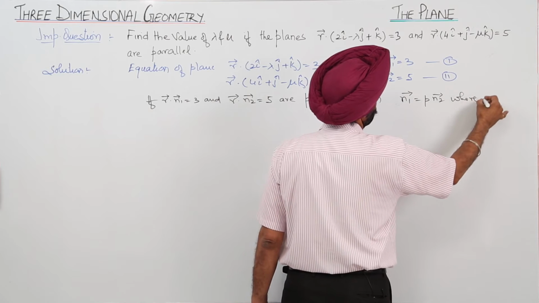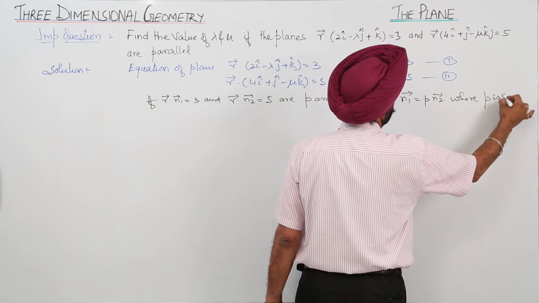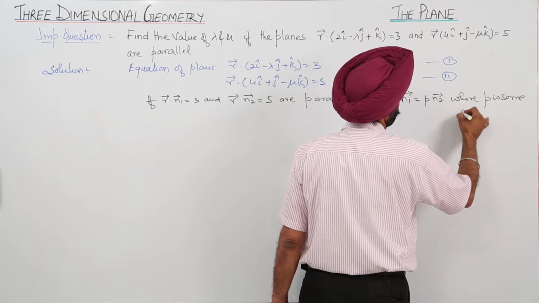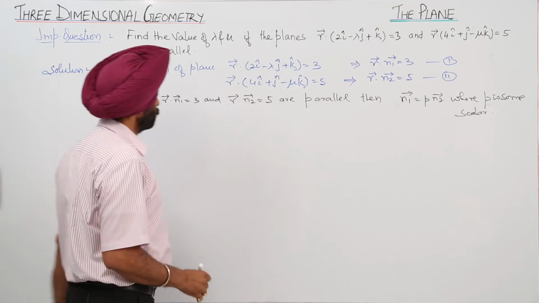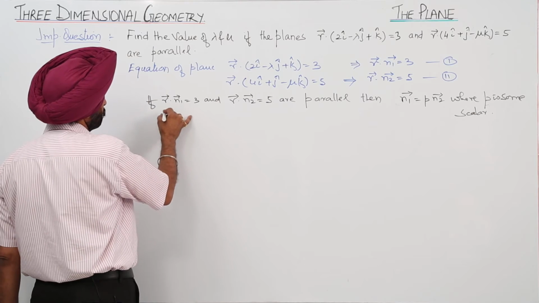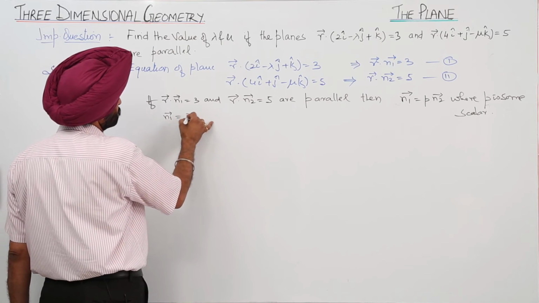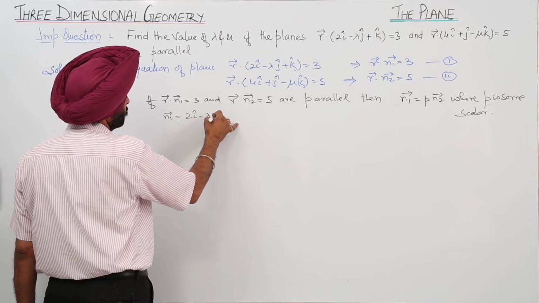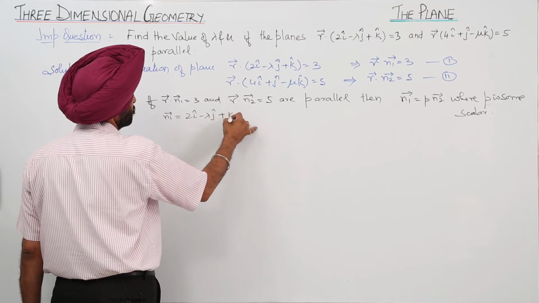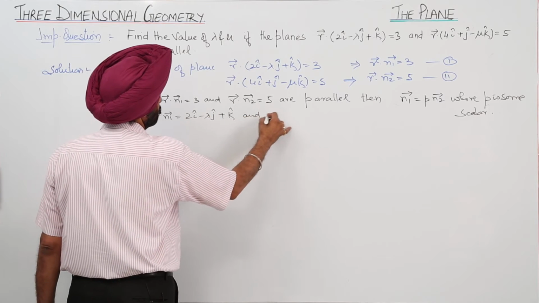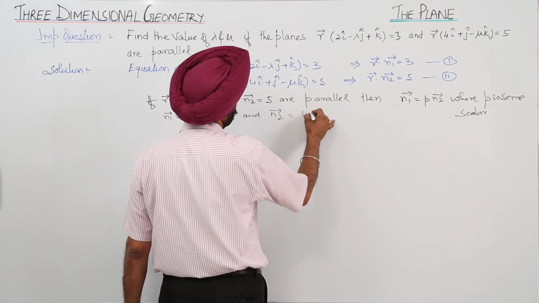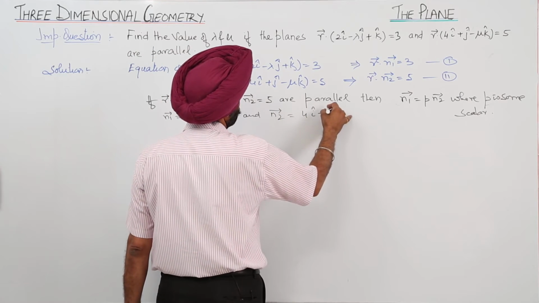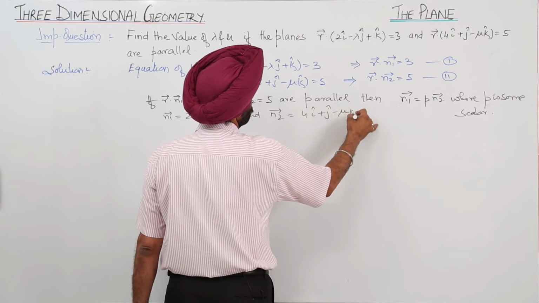where p is some scalar. Okay. Now vector n1 is 2 i cap minus lambda j cap plus k cap, and vector n2 is equal to 4 i cap plus j cap minus mu k cap.